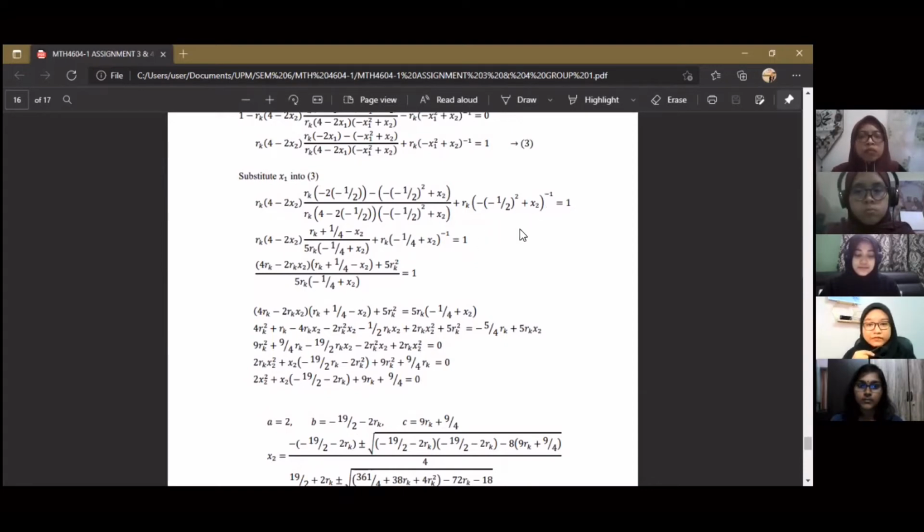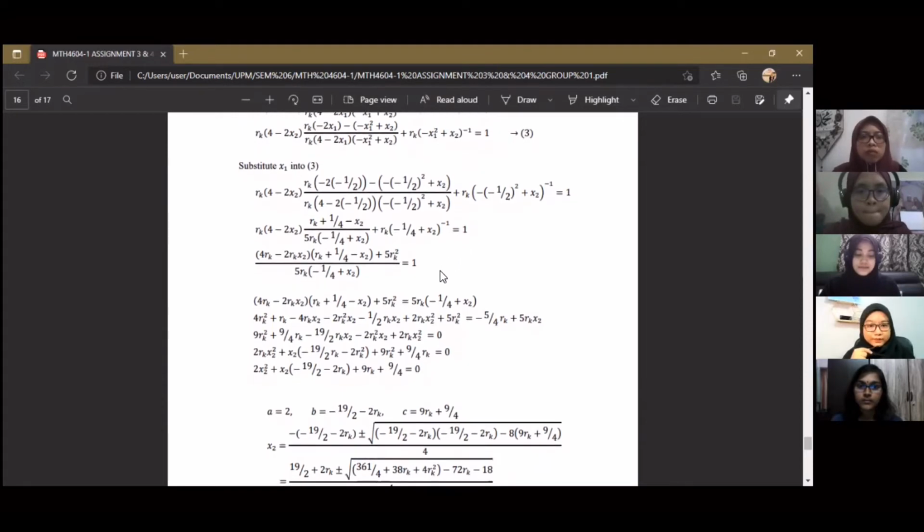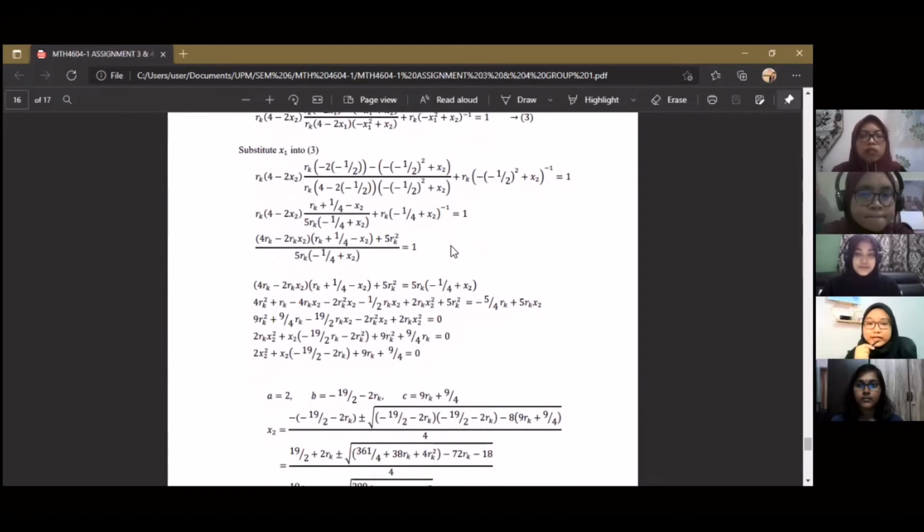Then we simplify it and we get RK 4 minus 2x2, RK plus 1 over 4 minus x2 over 5 RK minus 1 over 4 plus x2, and then we add RK minus 1 over 4 plus x2 to the power of negative 1, and it equals 1. So the RK to the power of negative 1, we can make it a denominator, and it is to the power of 1.